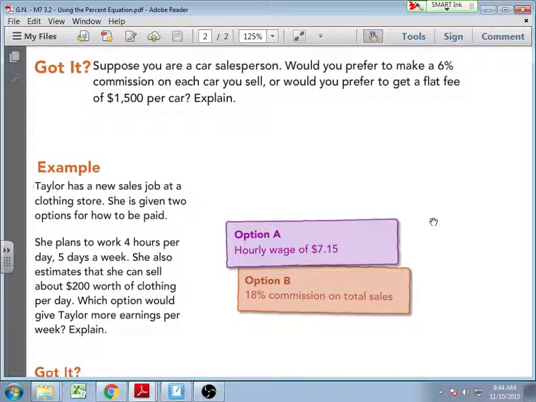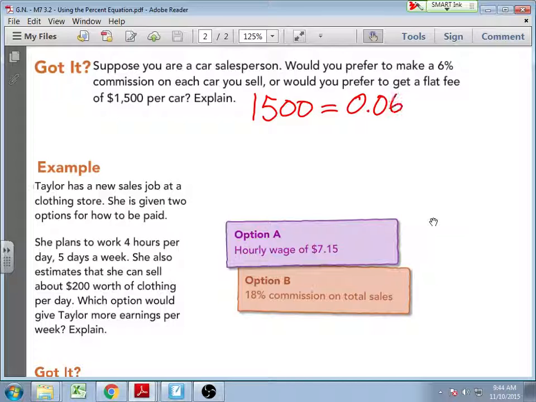So what I did is I took $1,500 per car, and I multiplied that by 600, or wait, 90. Or if you divide, 600 is what I did. So you really set up, what would the car price have to be to get $1,500?